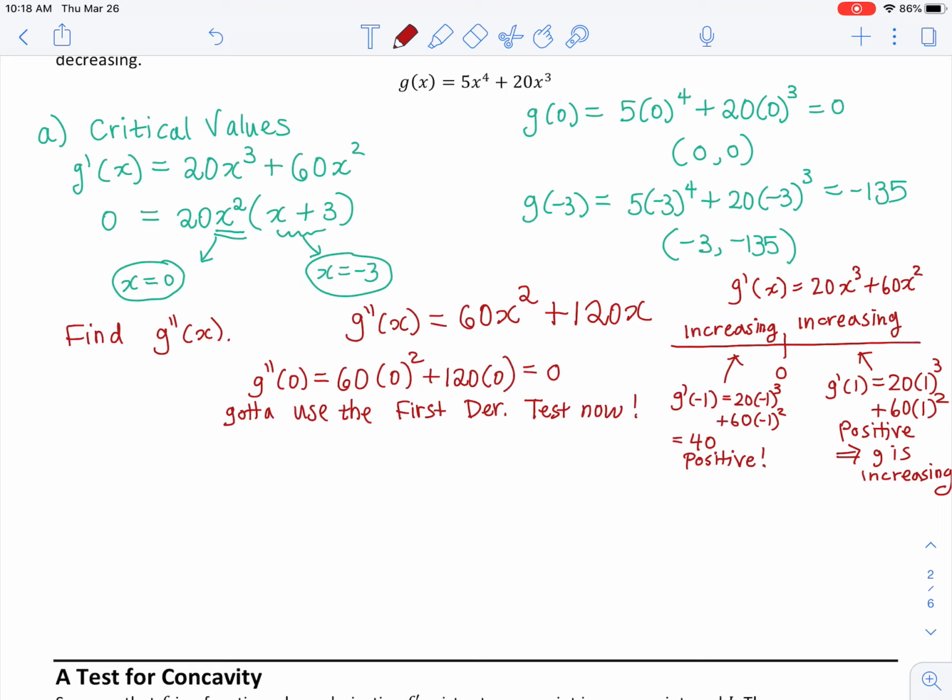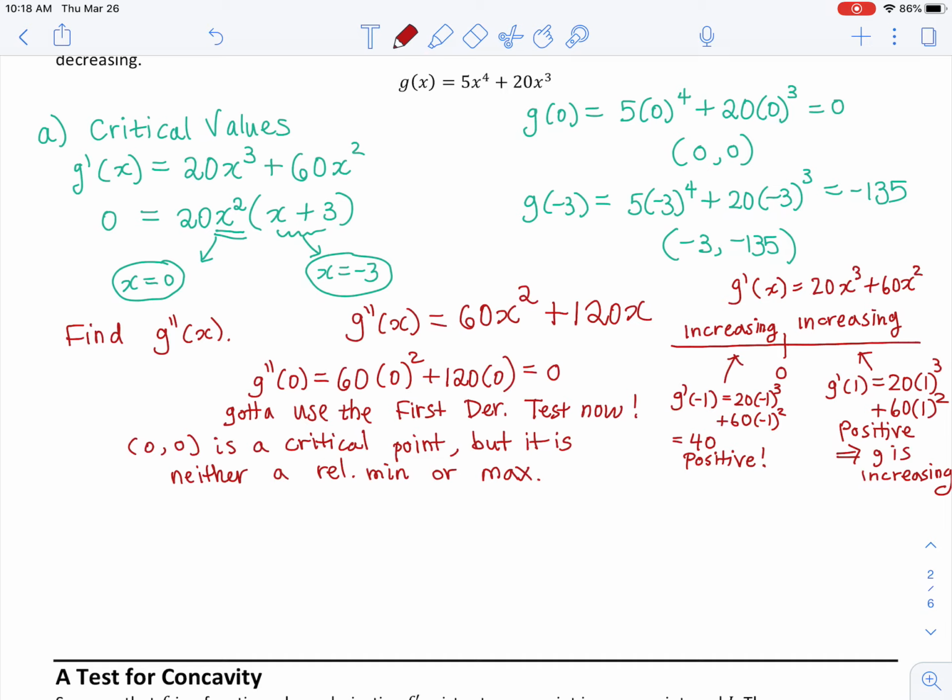So this graph right here is increasing to the left of 0, increasing to the right of 0. That's why, well, what are we going to call it? 0, 0 is a critical point, but it is neither a relative minimum or maximum.